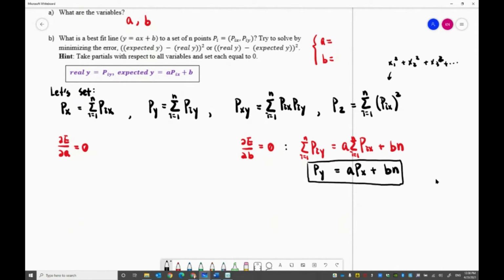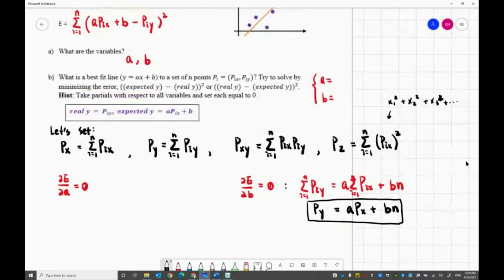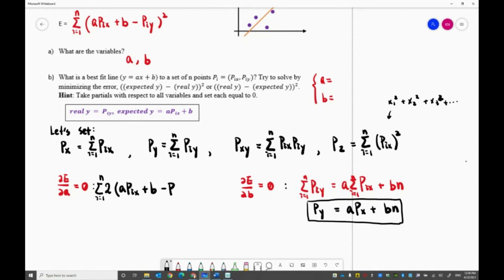Now I'm going to solve for partial e with respect to a. I look at the error equation. So I can say it is sigma 2 times (a times point sub ix plus b minus point sub iy), then times g prime, that means with respect to a, the derivative will be point sub ix.